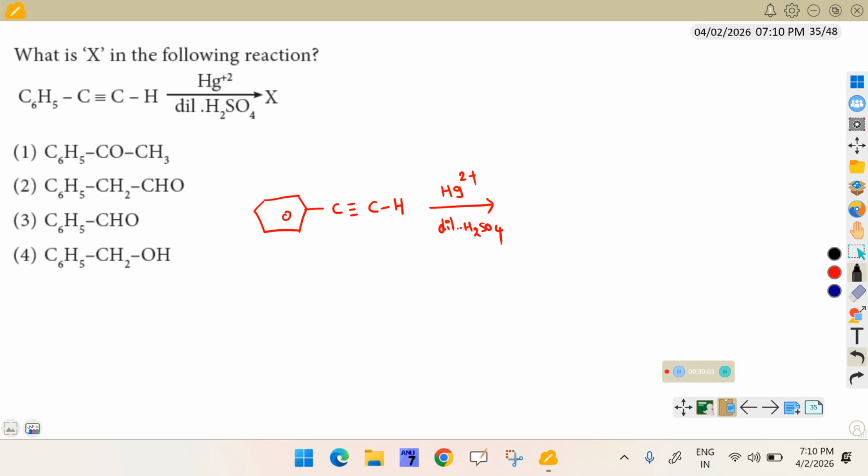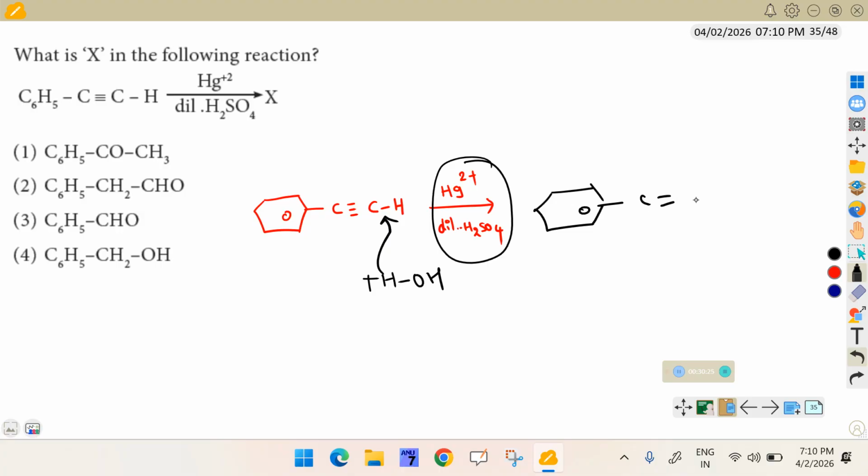Identify X in the following reaction. An alkyne is given, with Hg2+ and dilute H2SO4, acidic hydrolysis. Add a water molecule, follows Markovnikov's rule: add the hydrogen atom to the unsaturated carbon which contains more hydrogens. So vinyl alcohol, C double bond CH2OH, is formed.